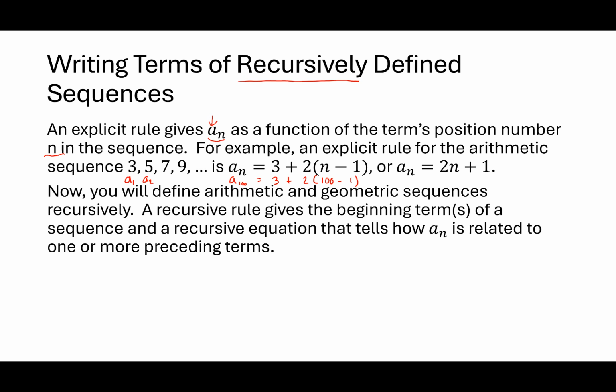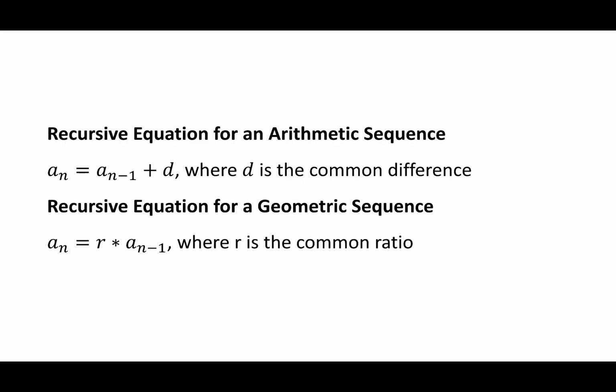We are using the word itself to define the word. So when we talk about recursive functions, we are talking about a function that refers back to itself. All right, so that's going to be new and weird, but follow along and we'll try to make this simple.